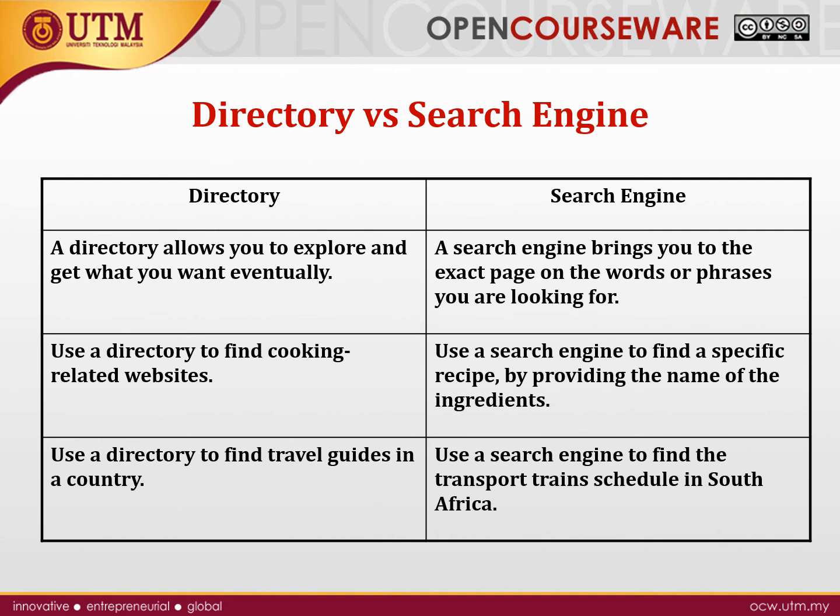You use a directory to find cooking related websites, while on the other hand search engines will find you the specific recipe and provide you with the names of the ingredients. So search engines are more specific and more useful for you as a consumer.